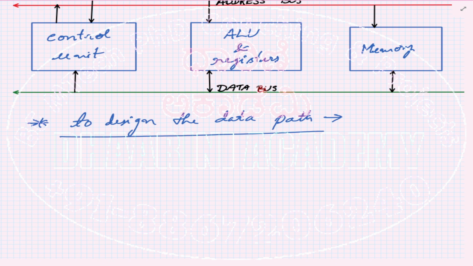Okay, now data has to flow. For any system, for any block which you consider here, data will come in from one side.